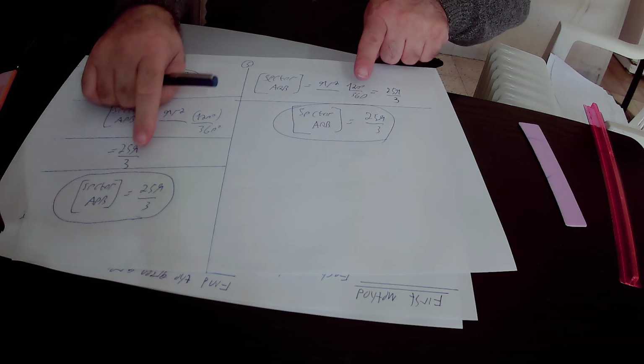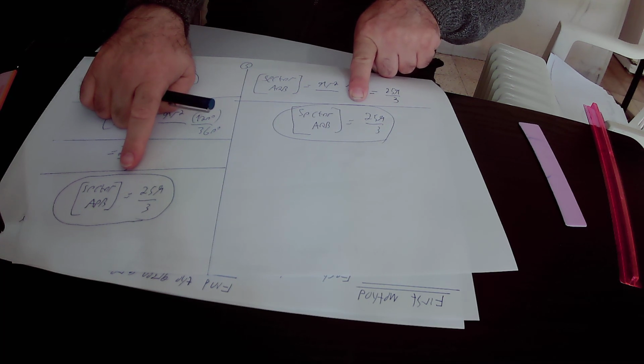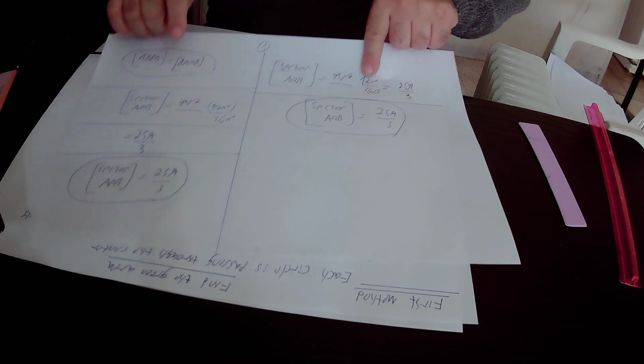So from these two equations, we conclude that the area of sector AQB equals the area of sector APB.